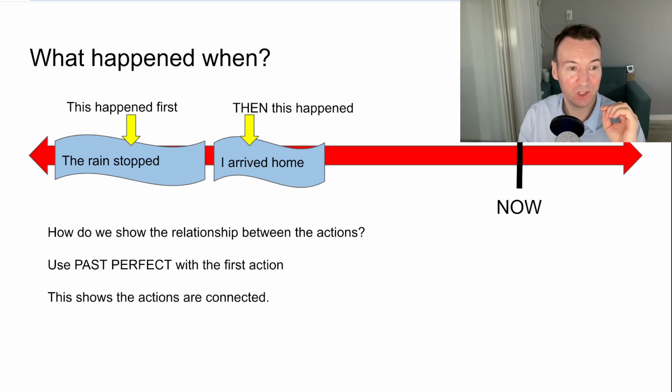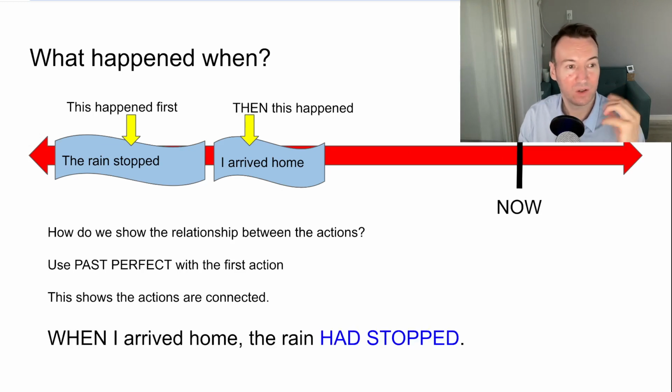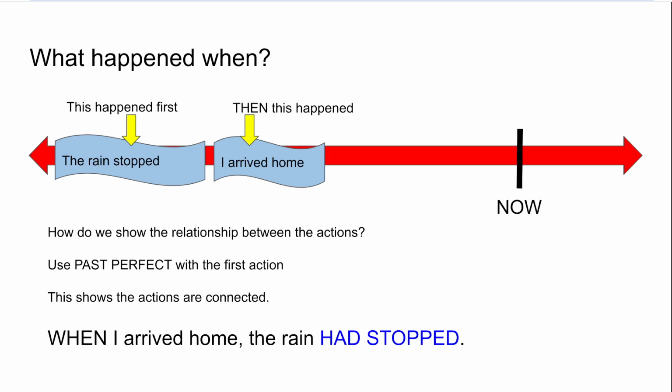And we can show this simply with our time subordinator. So when I arrived home, the rain had stopped. So we know rain stopped, arrived home, and we know that there is some connection there. There is some relationship with those actions, and we know which one happened first.